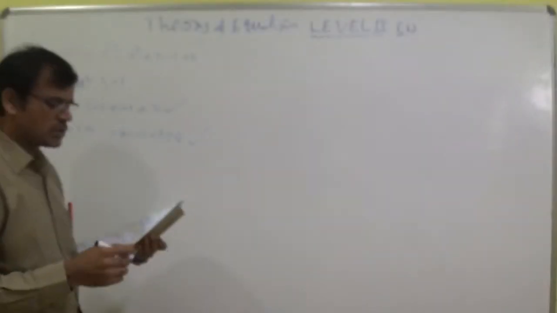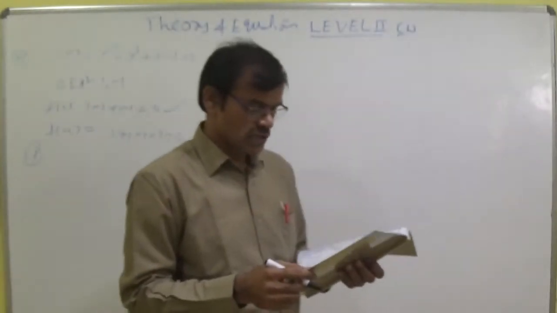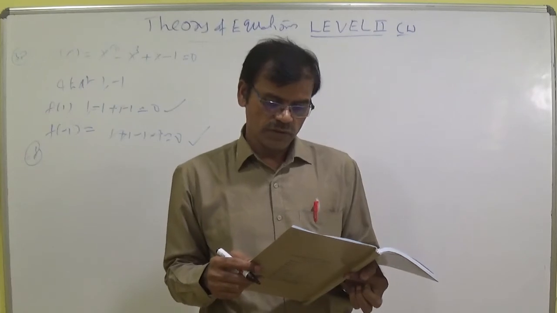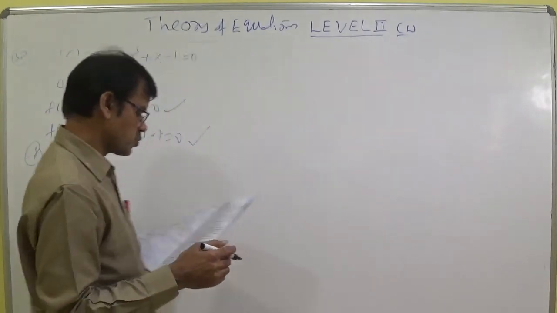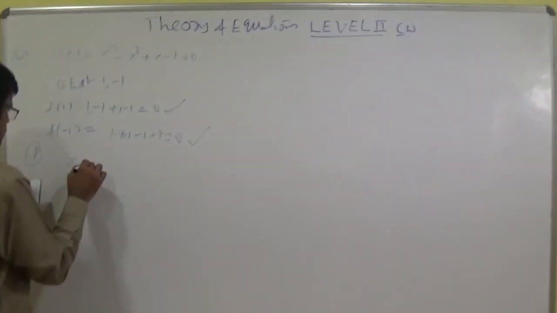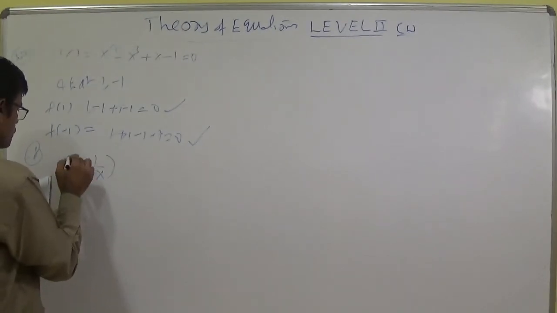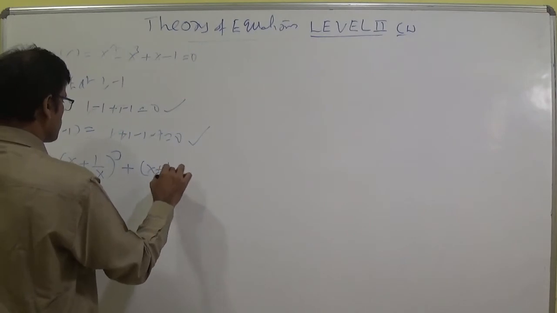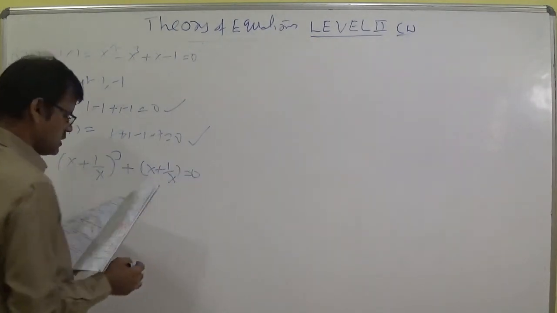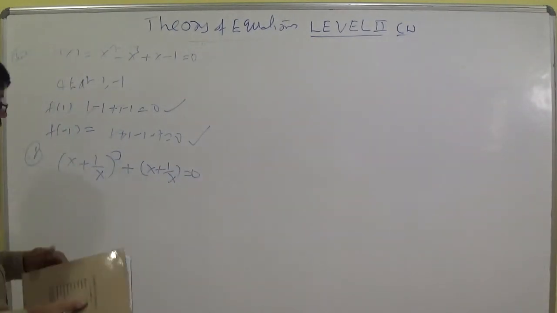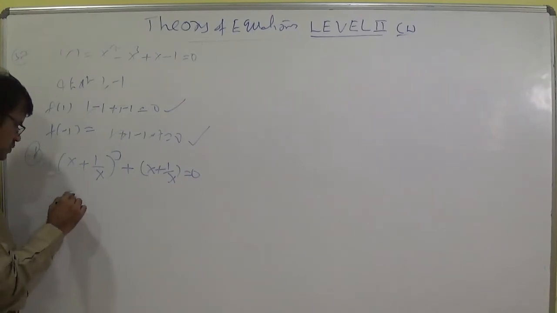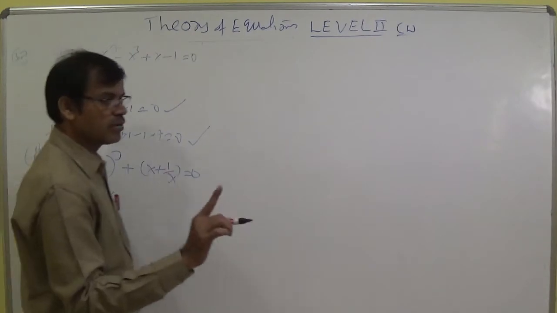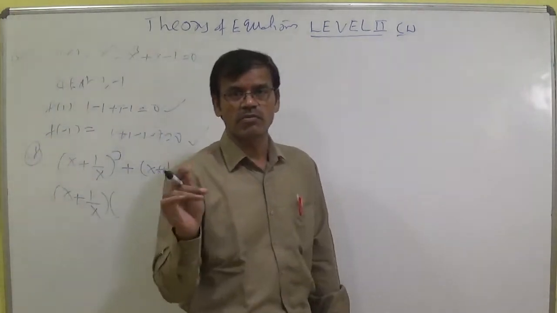Now, 38th question. He is asking the number of real roots of the equation x plus 1 by x whole cube plus x plus 1 by x is equal to 0. Generally, such types of equations have no roots, because except 1, there is no number we can write in the form of x plus 1 by x.